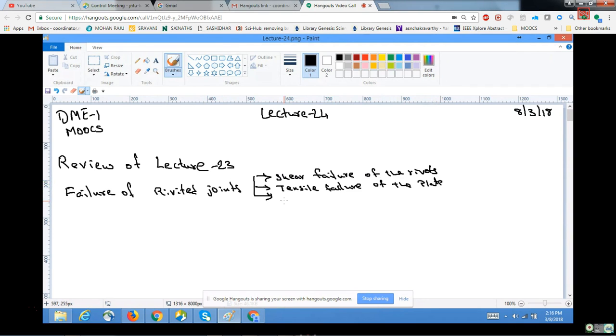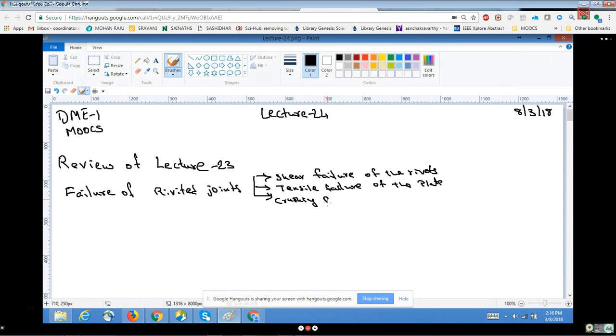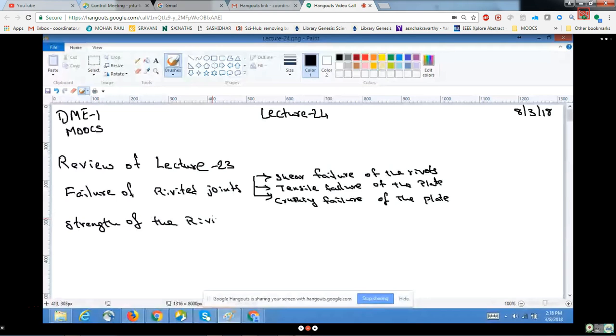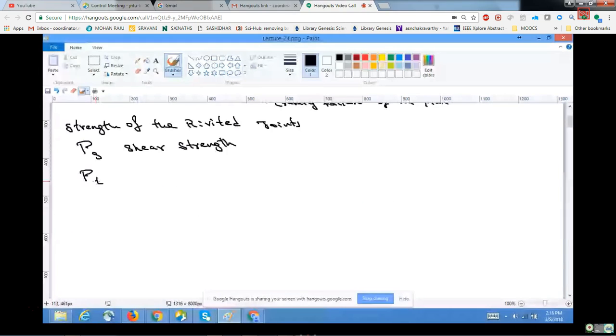Failure of the plate, and the three important ones: tensile strength and crushing strength.